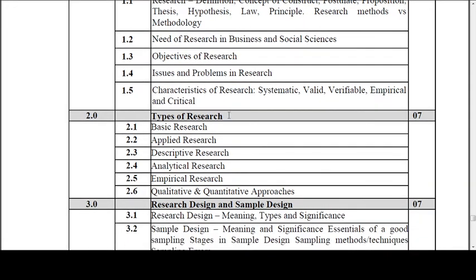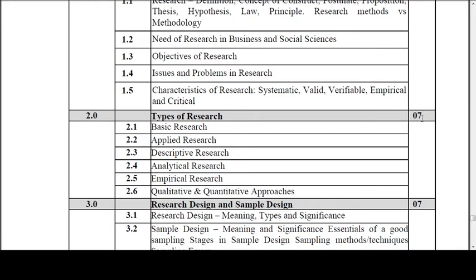In module 2, we cover the various types of research. Total number of hours allocated is 7, and kindly remember the number of hours, then the weightage is multiplied by 2. That way we get the total weightage of each module. For example, in the second module 7 hours are allocated, so the mark weightage for the end of semester exam is 14.